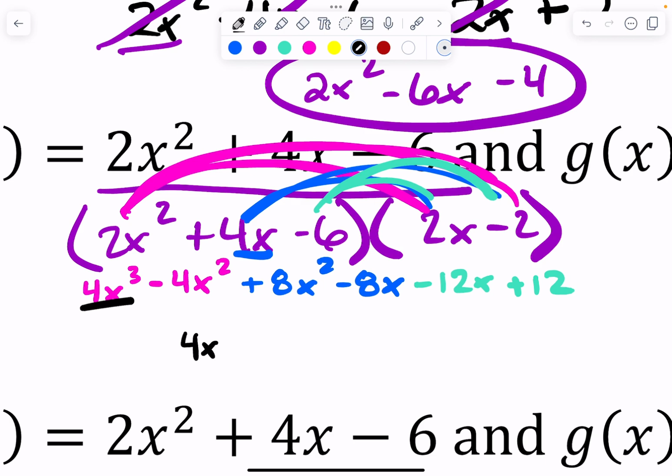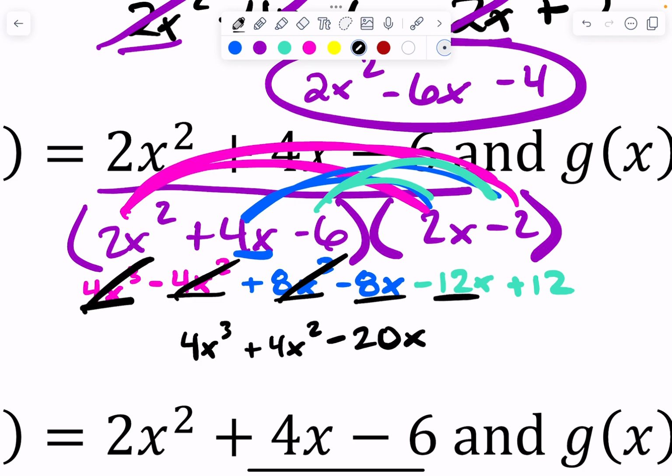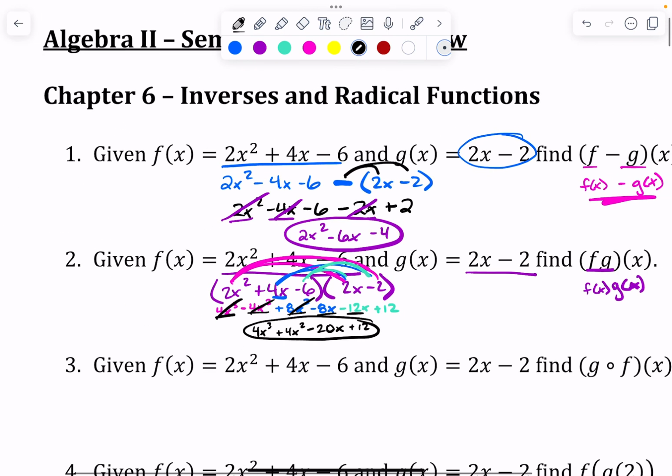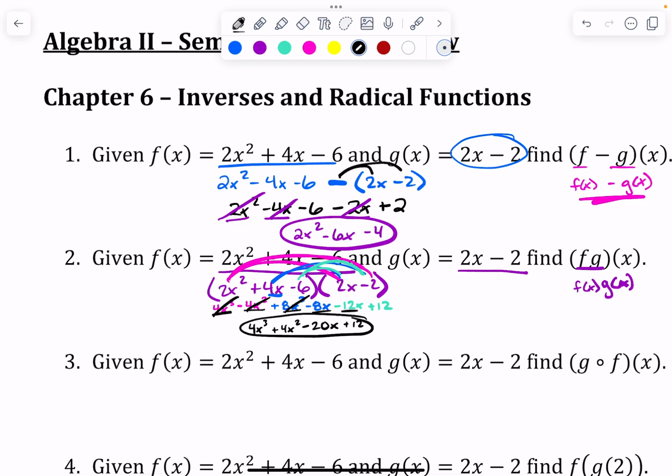He has nobody that we need to add to him. But then I've got negative 4x squared plus 8x squared is plus 4x squared. Minus, this becomes 20x, and then plus 12. And that is multiplied. So you are just foiling and combining like terms. That is all for that one.